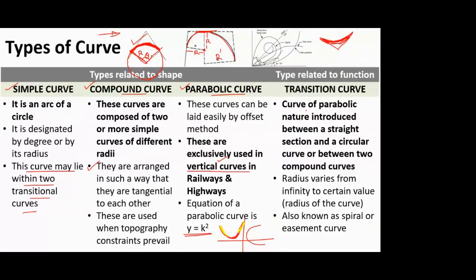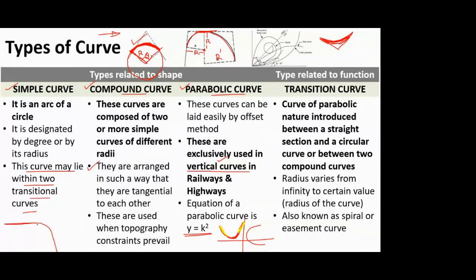Okay. And another thing is when you have a horizontal curve in your system, suppose you have a straight section, your railway track is going straight. Look at the bottom left corner. The railway track is going straight, and suppose it has to take a right turn. So there will be a curve here, and then again your track is going straight.